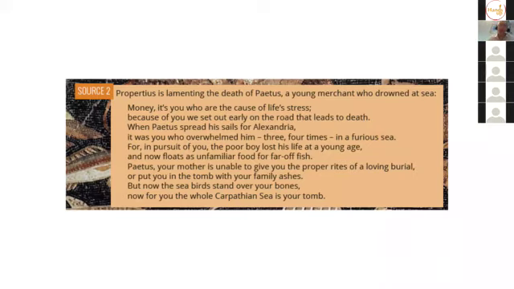We could go into a discussion based just on line 1. Do the students agree that money is the cause of life stress, or the pursuit of it, perhaps? Do they agree with that? Do they disagree? Why? What experiences have they had, or do they know that others have had? And so on. What about this people losing their life at sea?